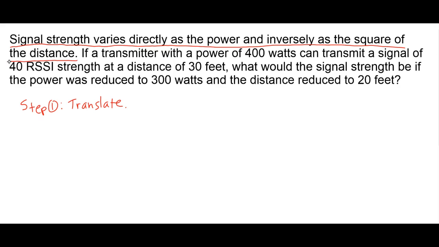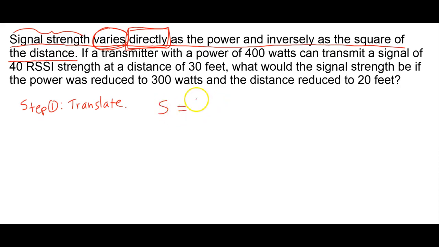You read the sentence that is telling you the general relationship between the quantities. So here, this talks about variation. See the word varies right there. It says directly. And the things that are varying are signal strength. So I'll just use S to stand for signal strength.